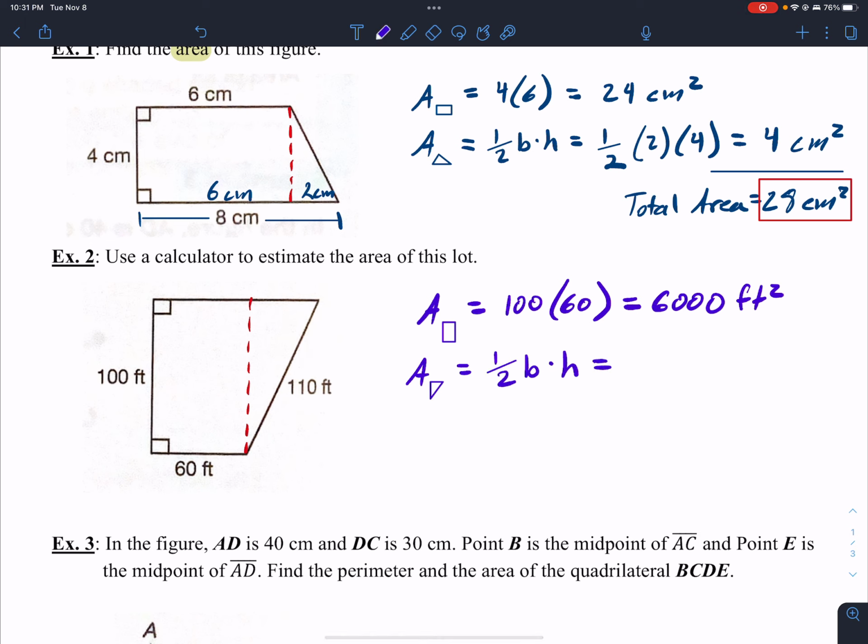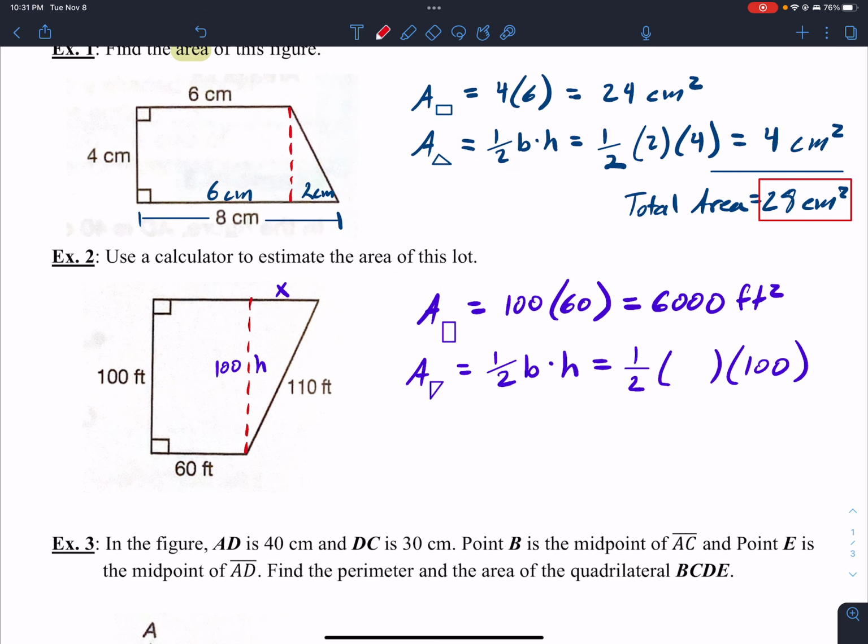What we do know is that the height, this is our height h, is 100 feet in this case. But what we don't have is the base, and we have to find it. Anybody have any ideas on how to find it? If this is 100, this is our unknown, this is a Pythagorean theorem problem.